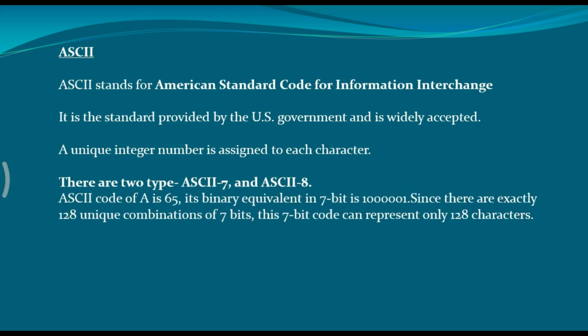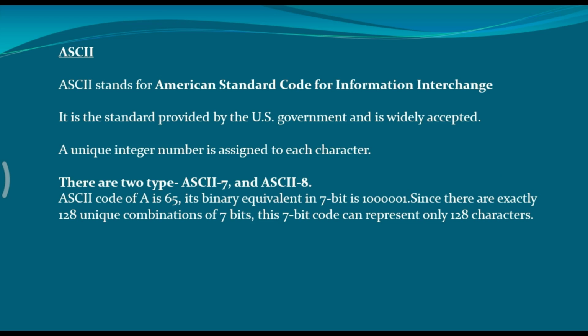ASCII code for A is 65. Its binary equivalent in ASCII 7-bit is 1000001. In this binary, there are 7 bits.